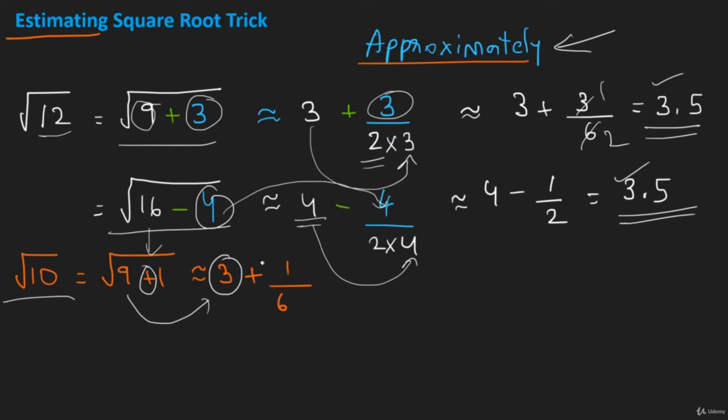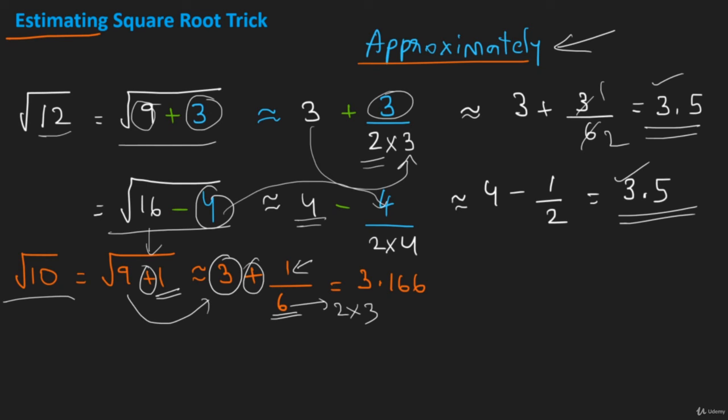You have a plus over here, therefore you have a plus over here. This 1 over here is written over here as 1, and your 6 over here is equal to 2 times 3, whatever you're getting over here. So this is approximately 3 plus 1 by 6, and you can see that this is equal to 3.166, because 1 by 6 is 0.166.